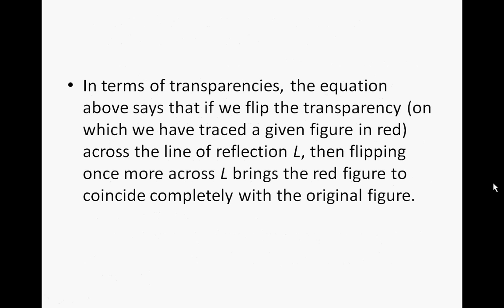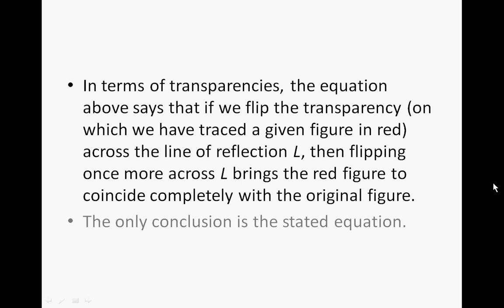In terms of transparencies, the equation above says that if we flip the transparency, on which we have traced a given figure in red, across the line of reflection, then flipping once more across L brings the red figure to coincide completely with the original figure. The only conclusion is the stated equation.